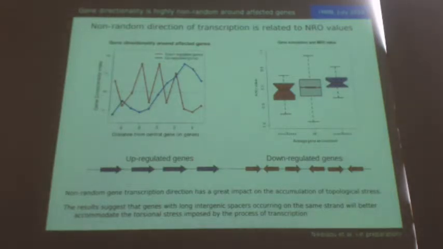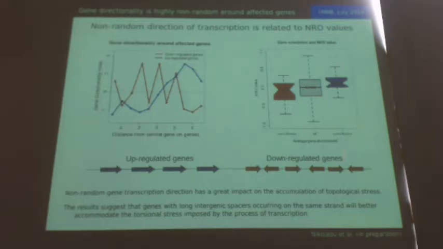It's not only based on our genes, the 170 and 90 genes that are being affected, but if one looks at all the genes that are located in the middle of genes being transcribed like this and like this, say, caught in the middle of opposing transcriptional directions, you overall have lower nuclear run-on values.